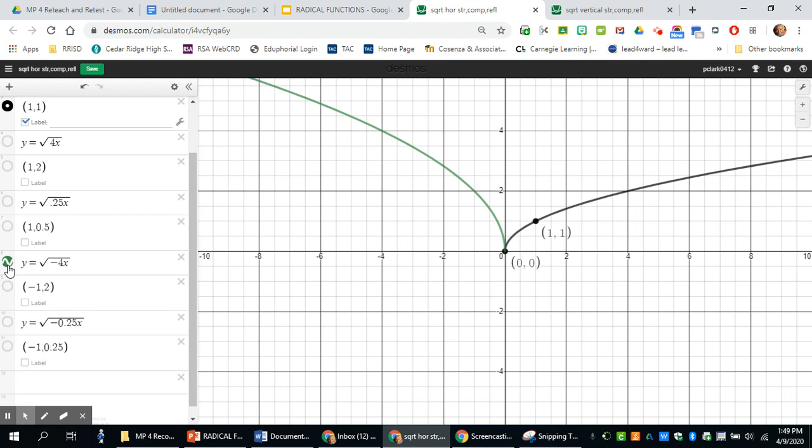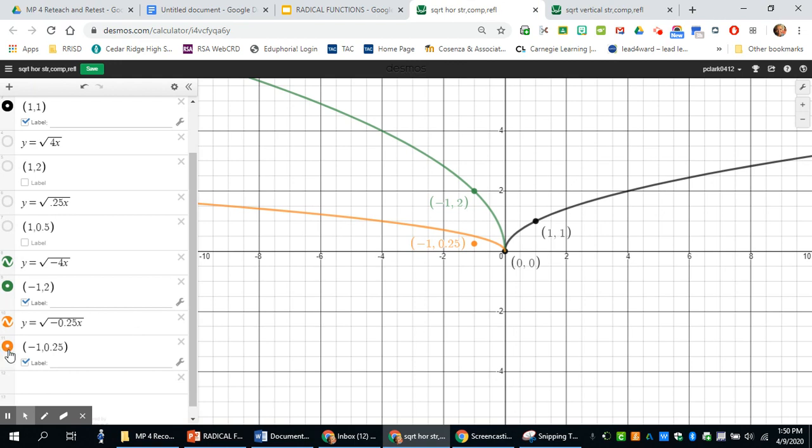All righty. And this was also compressed by 4. So I have a new reference point here. Whoops, let me go back here. Of -1 and 2. And if I also did a horizontal stretch by a factor of 4, then I would have a new reference point of -1 and 1/4.